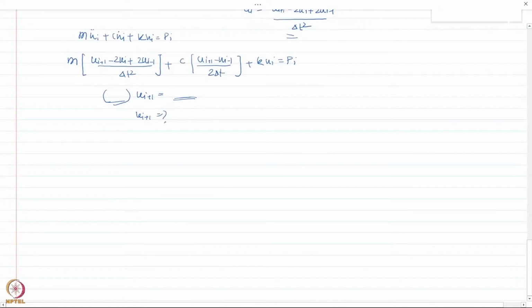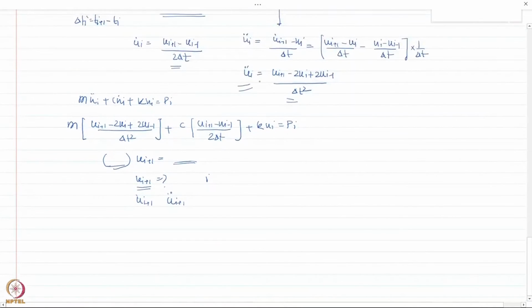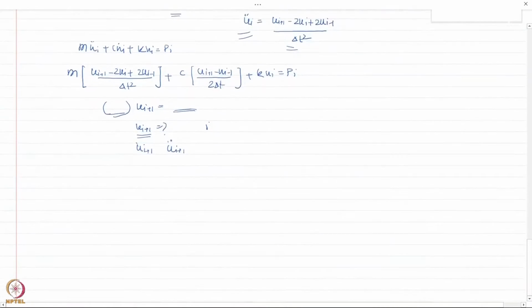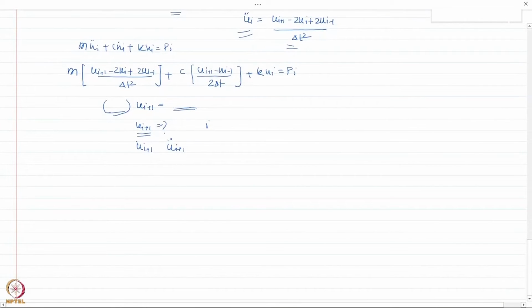Which basically means, given the state of the system at i, I can find the state of the system at i plus 1, because once u_{i+1} is known, I can find u dot at i plus 1 and then the acceleration using the expressions we have obtained. So basically that is our goal. From this expression, how do we get that?